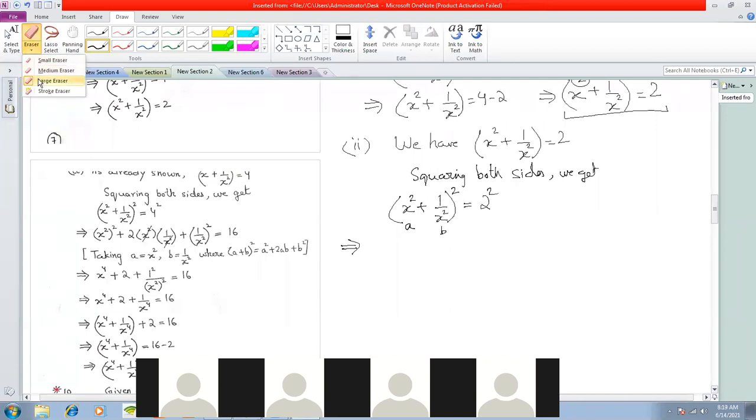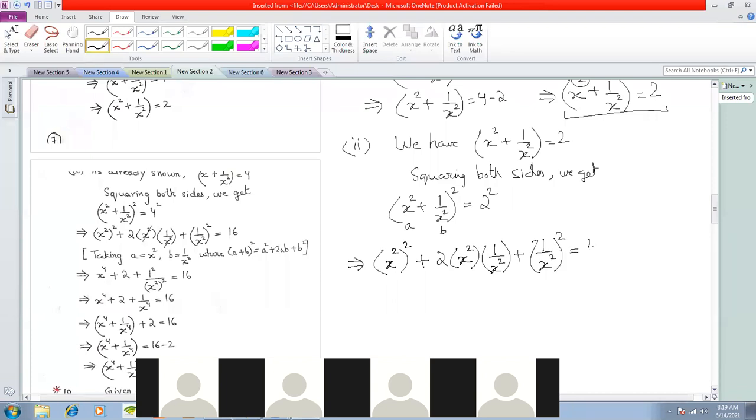So a here is x square, and not x. So you have a square, which is x square whole square, plus 2 times a, which is x square, times b, which is 1 by x square, plus b square, which is 1 by x square whole square, is equal to 2 square, which is 4.